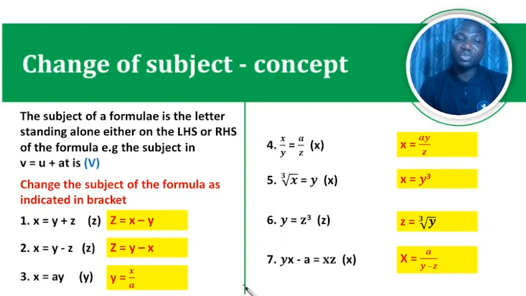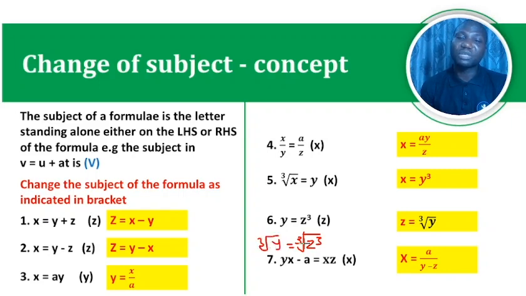Now, in a situation where my subject is having a power, to remove the power, what I would do is to do root. Remember, we said the inverse operation of power is root, and that of root is power. So here now, to remove this power of 3, I will have to do the corresponding root, which is cube root. So I will say cube root of z cube equal to cube root of y.